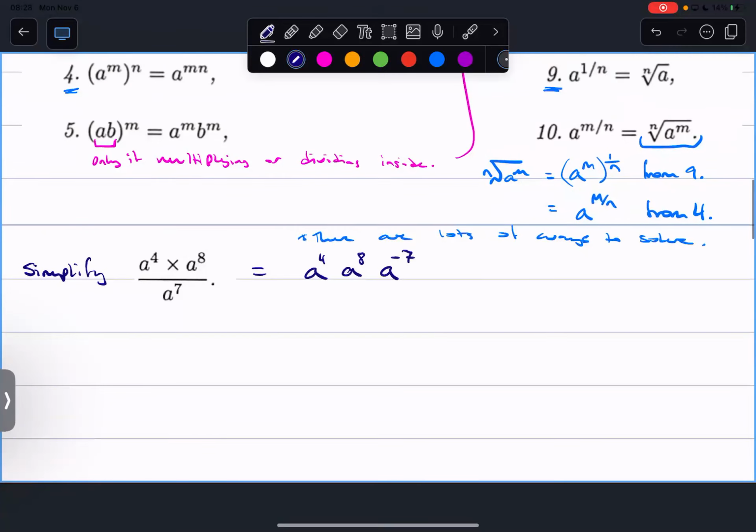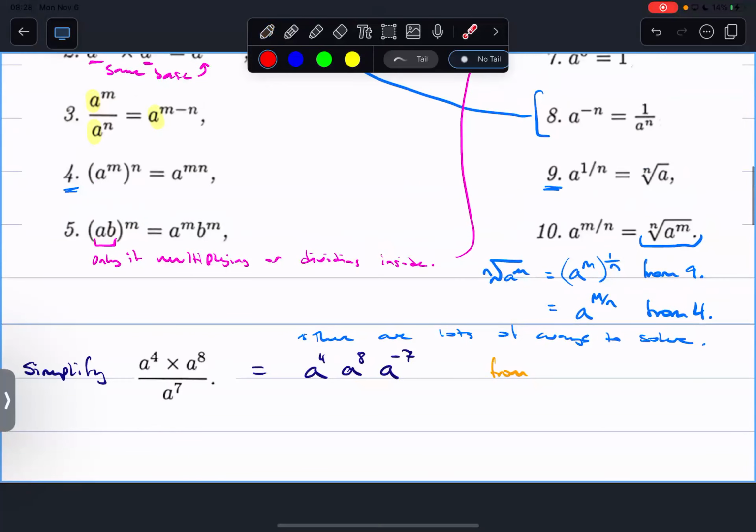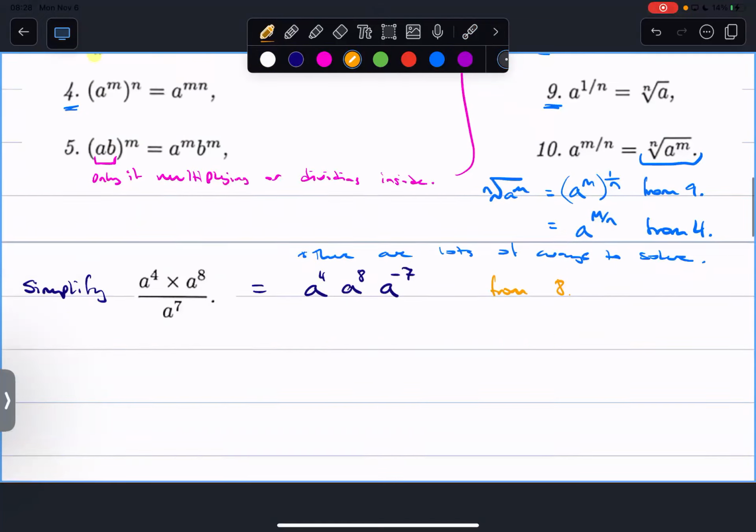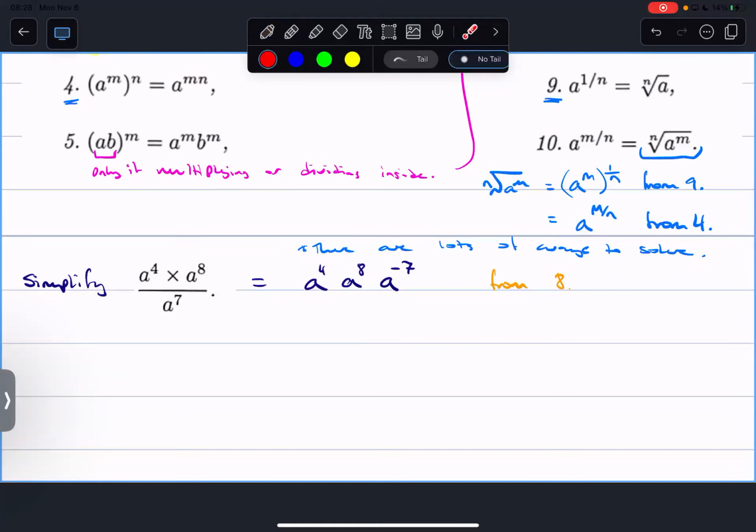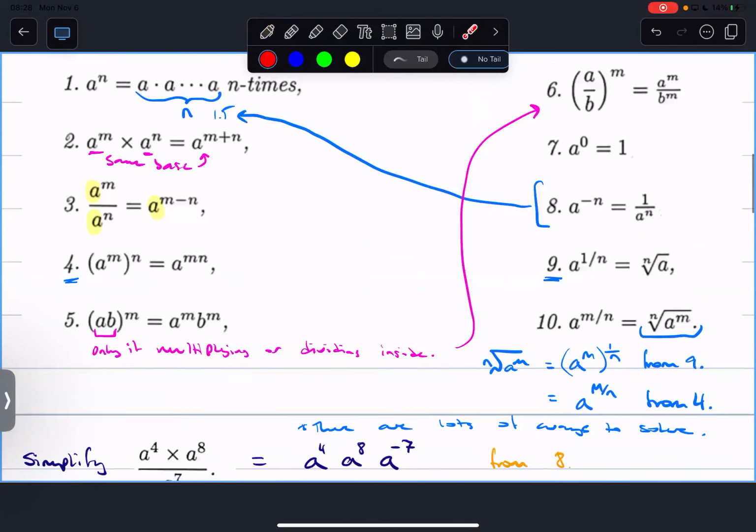And just for reference, what I'm using is rule 8. I'm rewriting 1 over a to the power of 7 as a to the negative 7. Is it not rule 3 also? Probably. Oh, yep. It is.